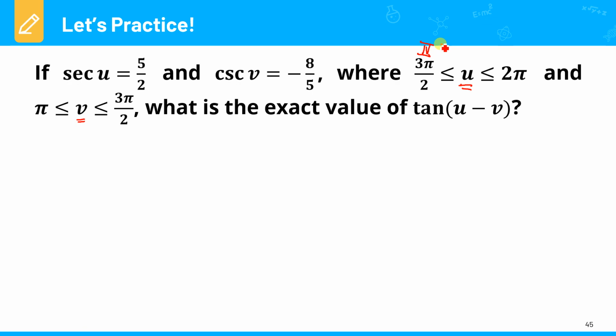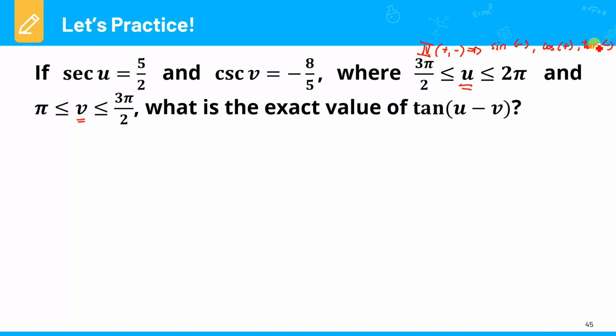Since it's in the fourth quadrant, the properties would be positive, negative, meaning that the sine is negative, the cosine is positive, and the tangent is negative because you have sine over cosine.